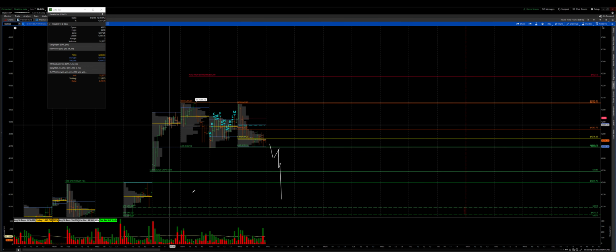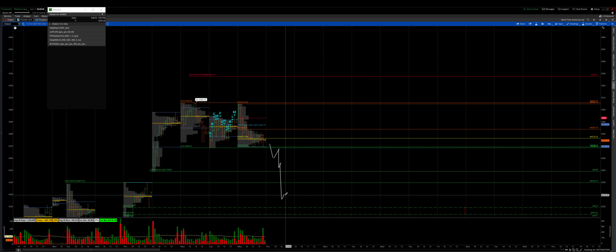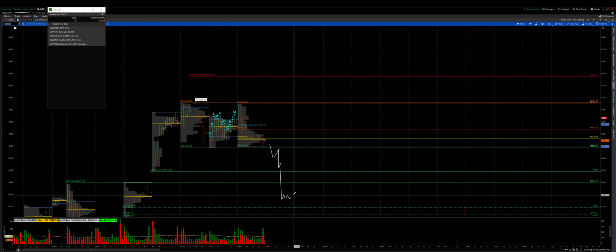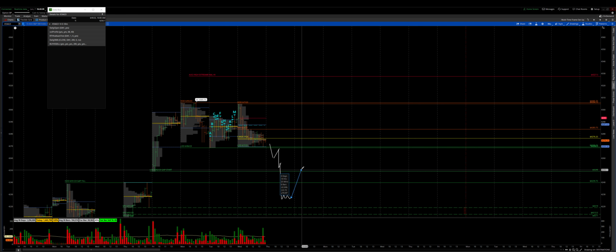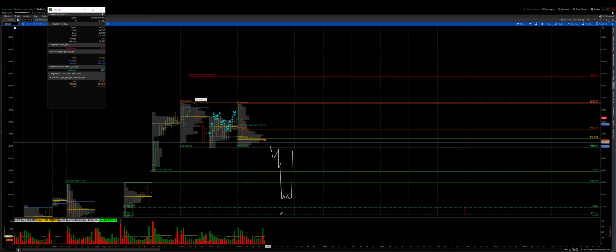If we filled the gap, came back into this upper distribution and could not take out the lower portion of that upper distribution at 42.19, look to see if we get a little bit of consolidation in here, a little bit of a wide point of control, and then potentially make a move back to the upside like such. Would not be surprised to see some of that come tomorrow if we were to move down lower.